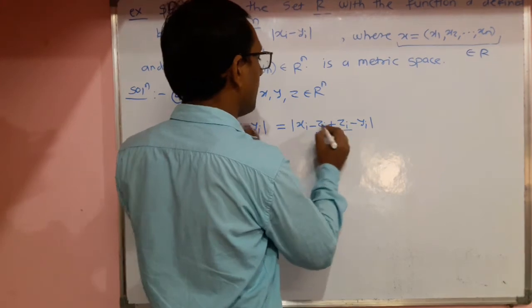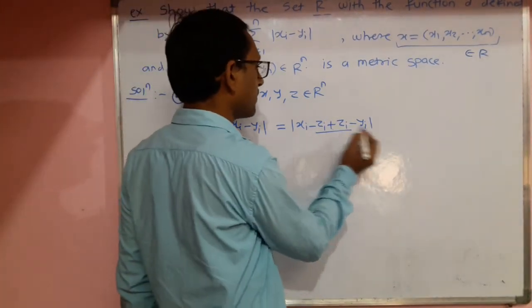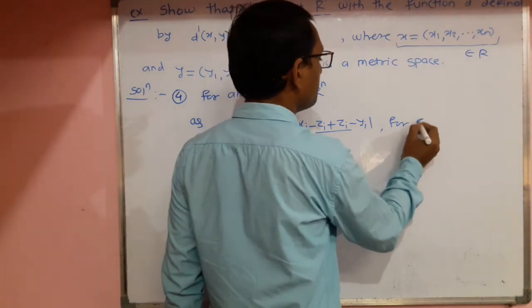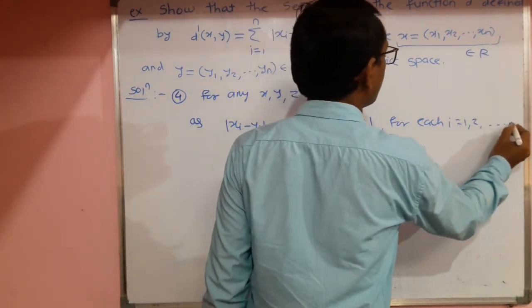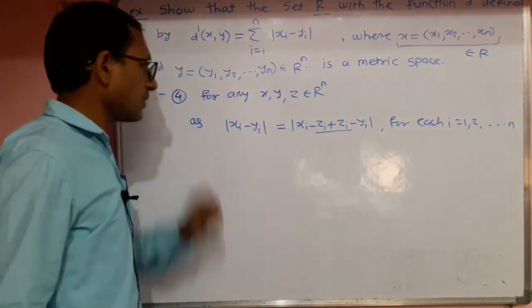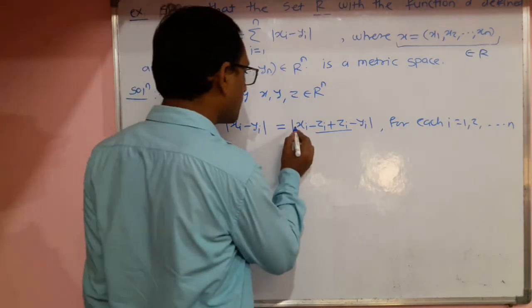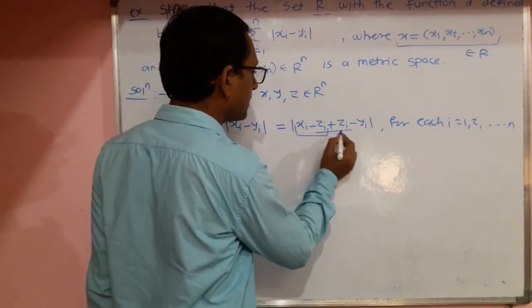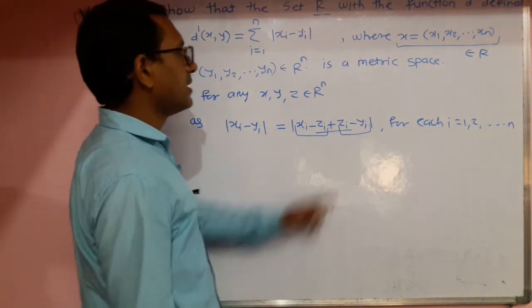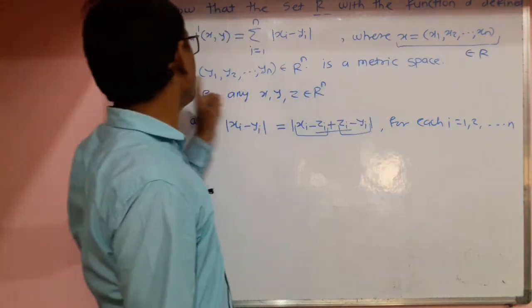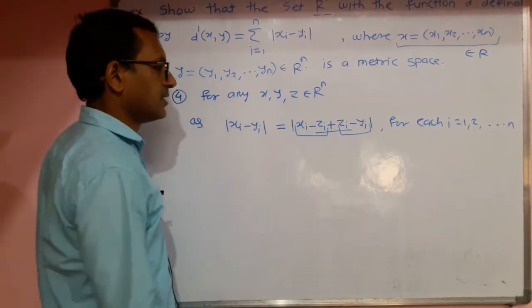We have just added and subtracted this zi. This is for each i equal to 1 to n. Here x is this element, y is this element, and z is z1, z2, zn.